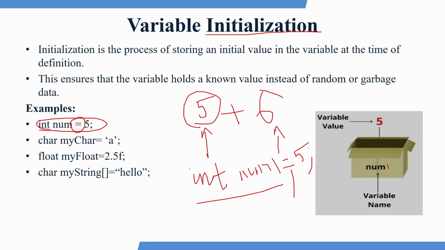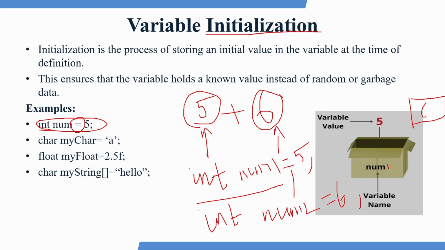Similarly, I want to store another number called num2. So I am declaring another variable, int num2 equal to 6. I have initialized the value as 6. So another box with value 6 is stored, and the name of the box is num2. This is how we can initialize a value.